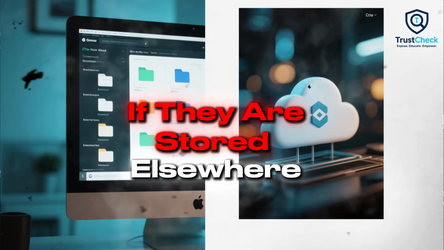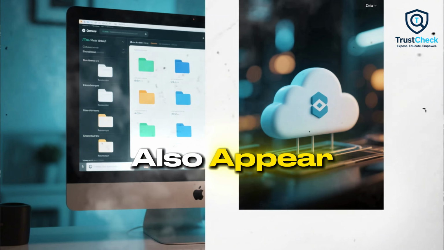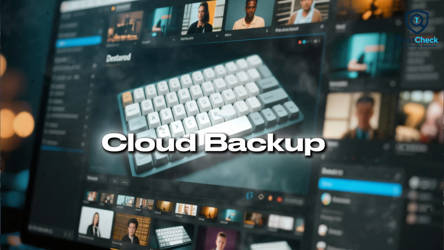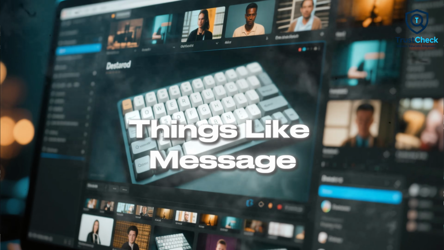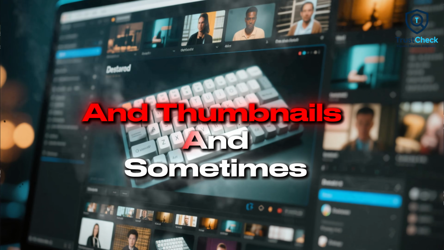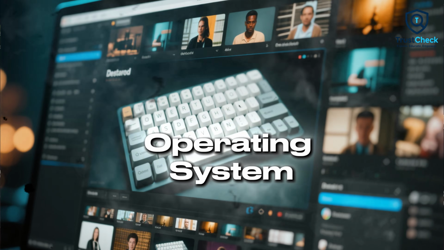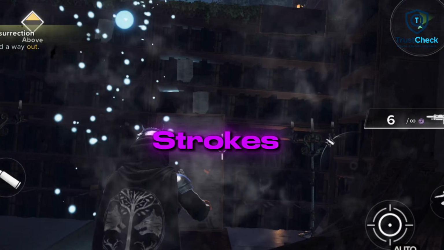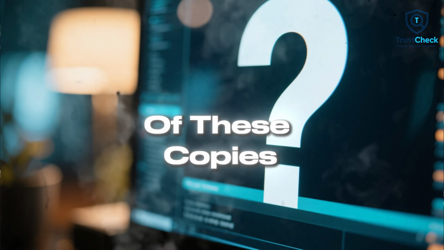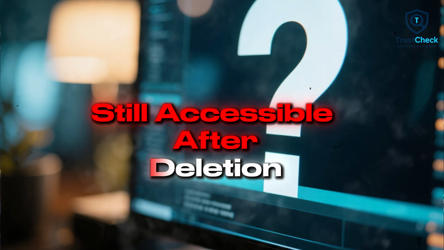If they are stored elsewhere, they may also appear in some sort of cloud backup. Additionally, sometimes platforms will store things like message previews and thumbnails, and sometimes even the operating system itself stores things like recently deleted keystrokes. But are any of these copies still accessible after deletion?